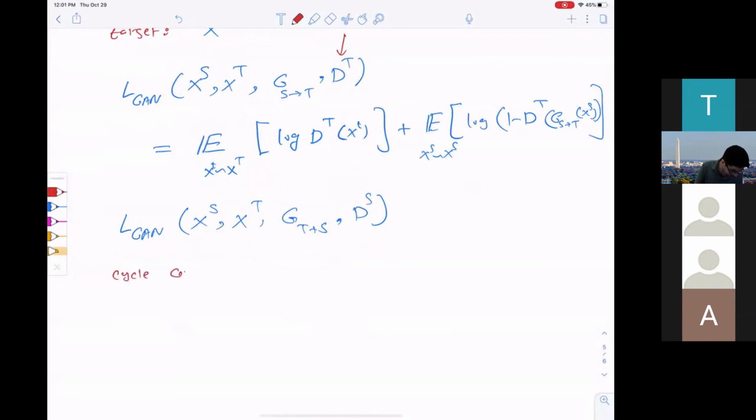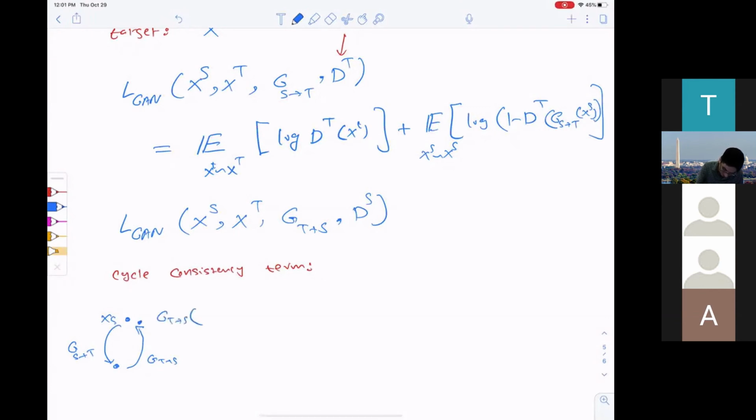So the idea is that if I have a sample, let's say from the source, then I use this function source to the target, I get to this point in my target domain. And then if I apply the function mapping the target to the source domain, the point that I'm gonna get here would be what?